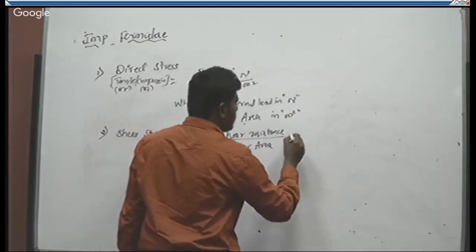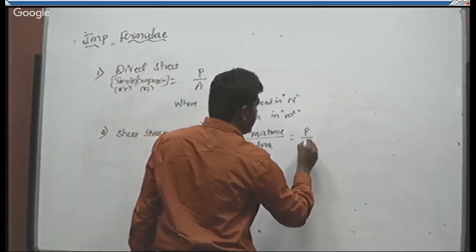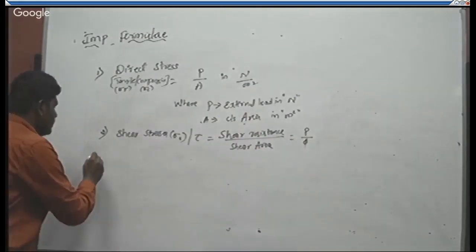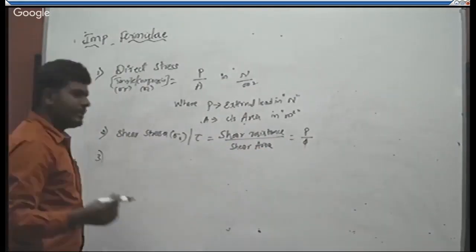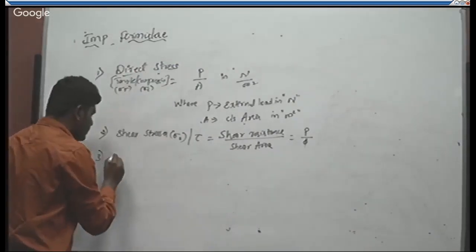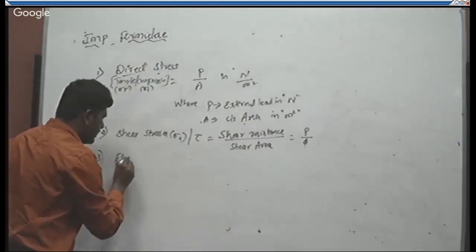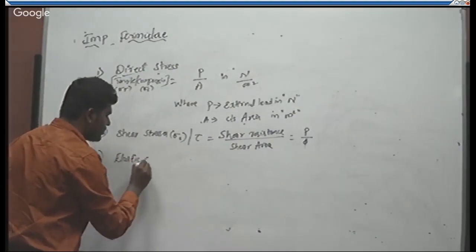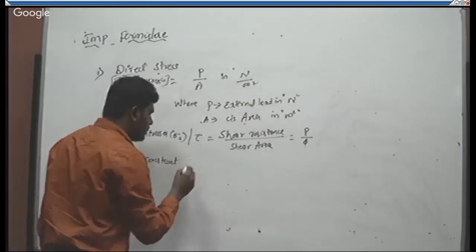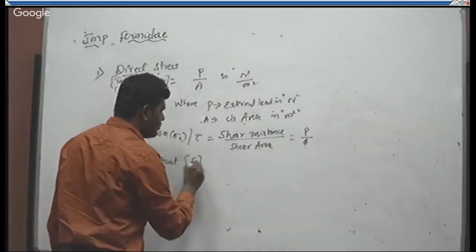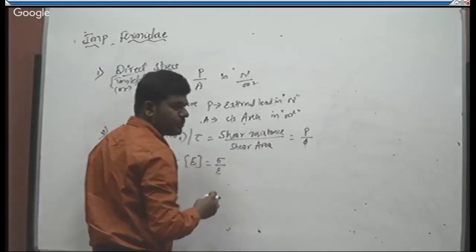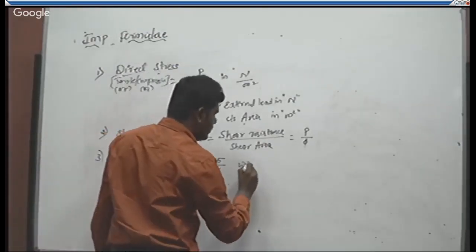Next we have the proportionality constant or modulus of material for direct stresses, that is the modulus of elasticity or elastic constant. According to Hooke's law, E is equal to stress by strain. This ratio is constant within the elastic limit.